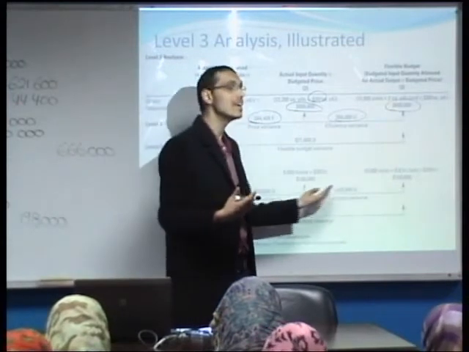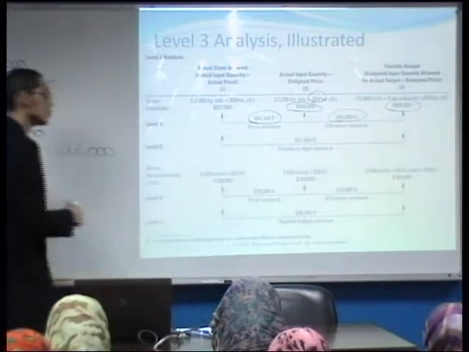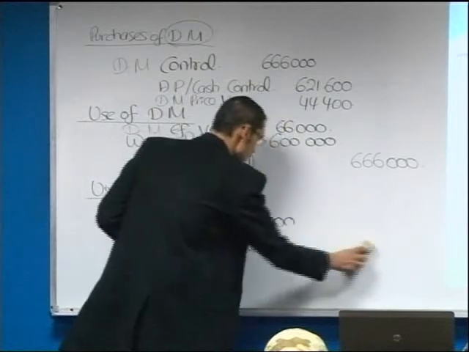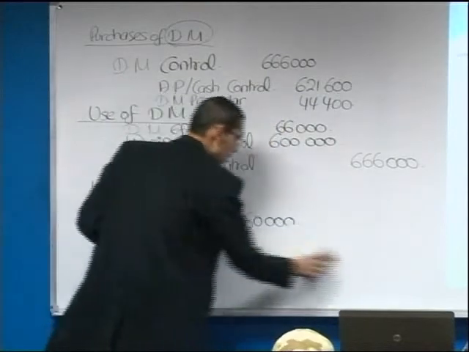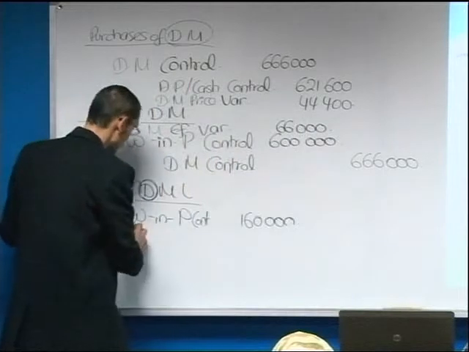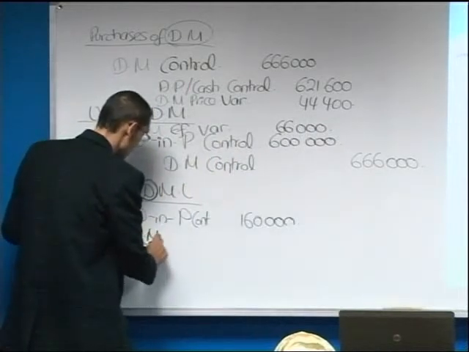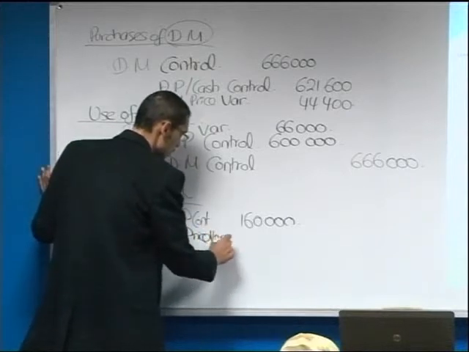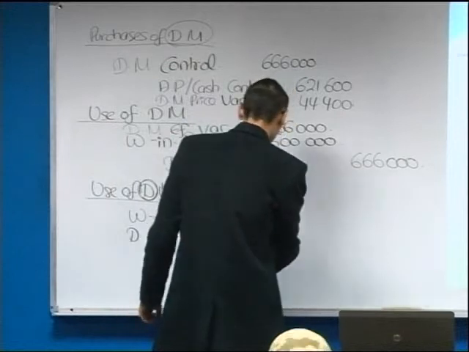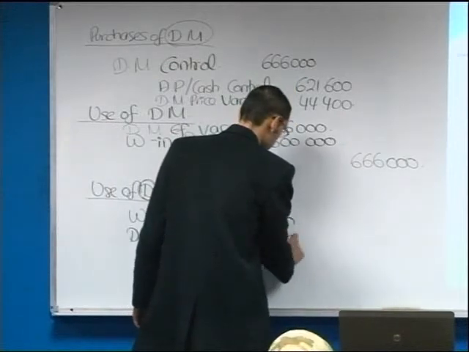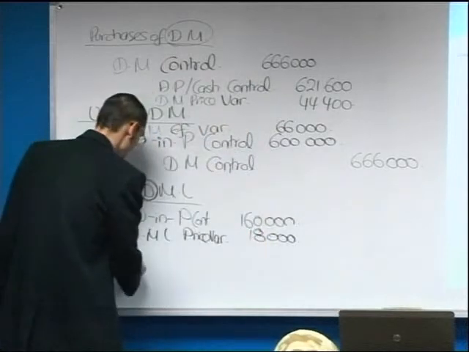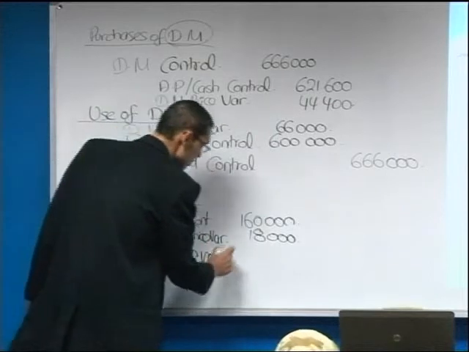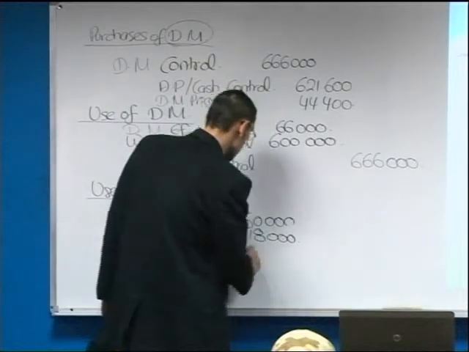Therefore, we have some differences. The differences here are both unfavorable. Therefore, both would be debited. We are going to debit, first of all, a price variance, or a rate variance, and then an efficiency variance. Therefore, we would have a direct manufacturing labor price variance by the amount of $18,000, and a direct manufacturing labor efficiency variance by the amount of $20,000.